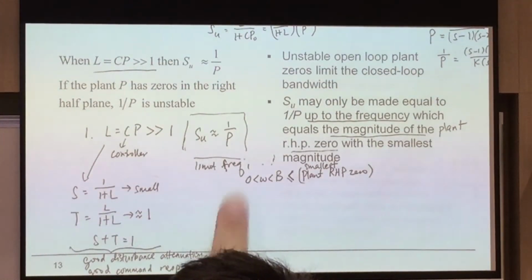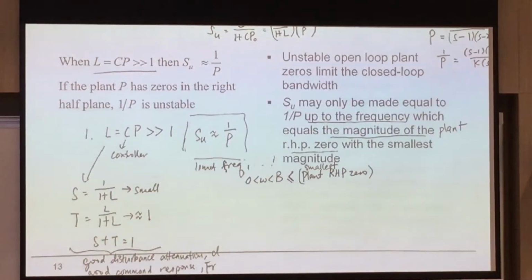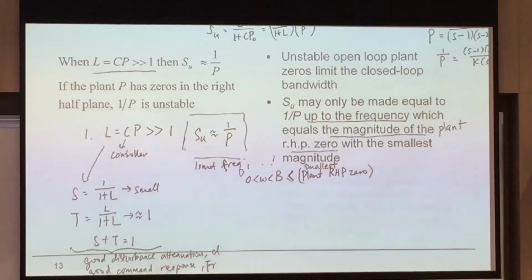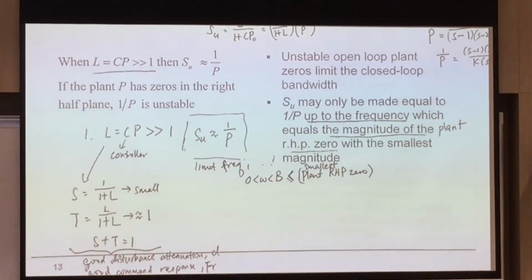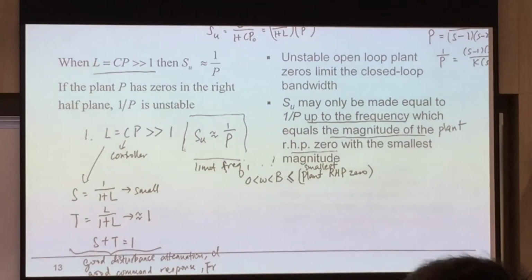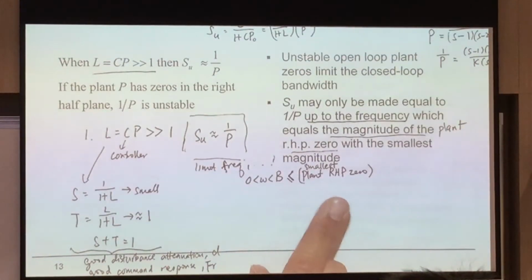We have already derived that Su is C over 1 plus Cp. So then you can derive that if L is much bigger than 1, Su is equal to 1 over P. If P, which is a plant, has unstable zeros, 1 over P has unstable poles. So the operation is limited by the smallest right-hand plane zero. That's all.